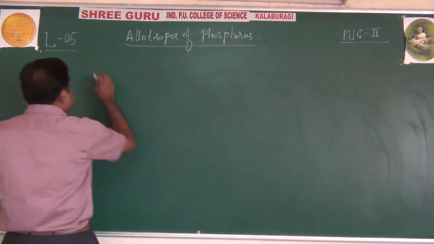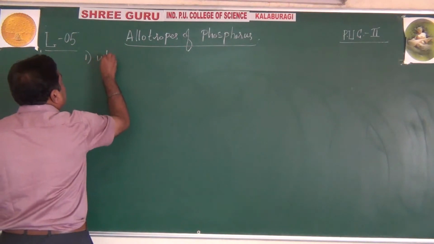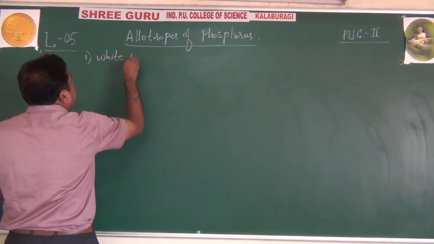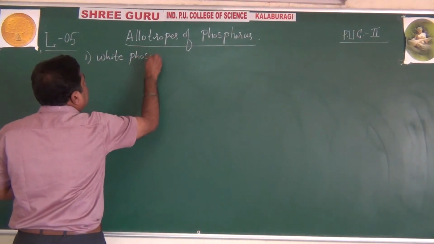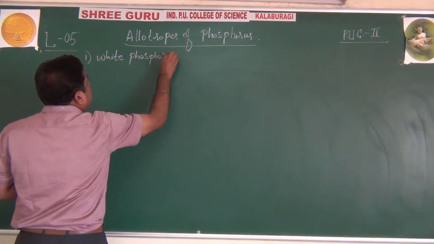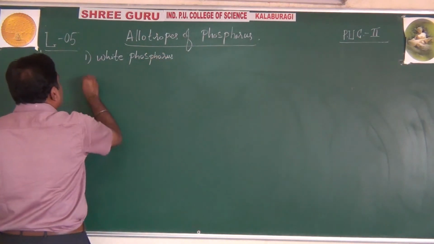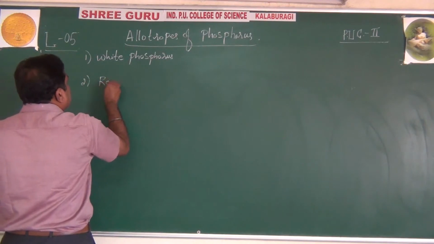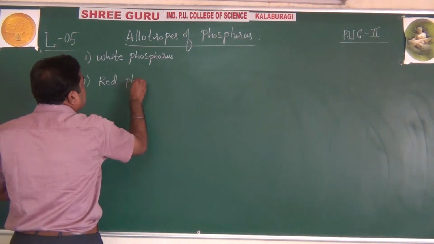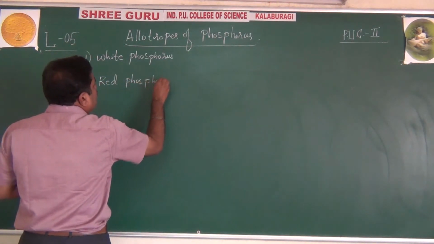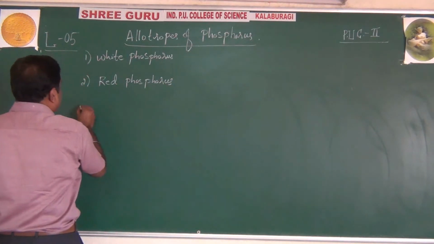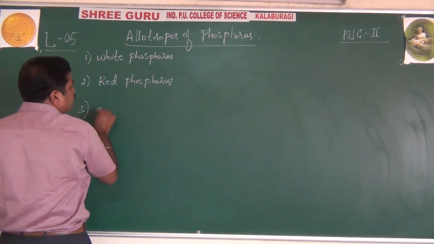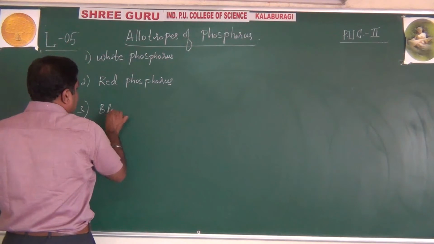What are the 3 allotropes? White phosphorus, then red phosphorus, and the third one is black phosphorus.